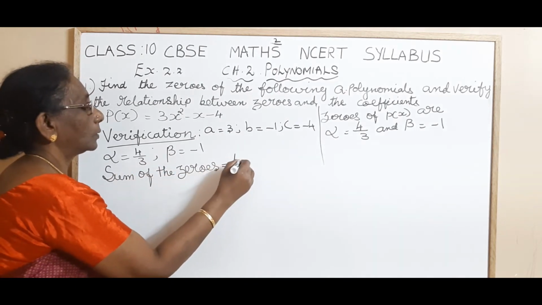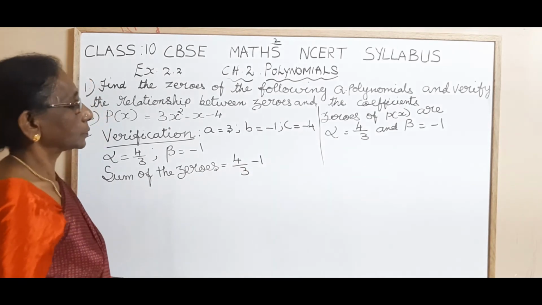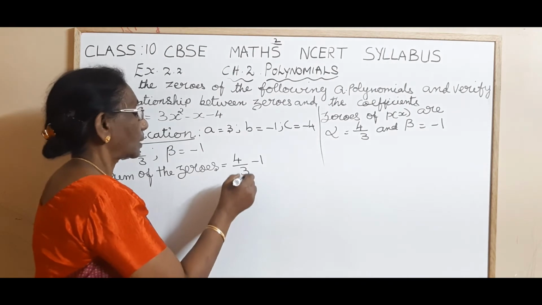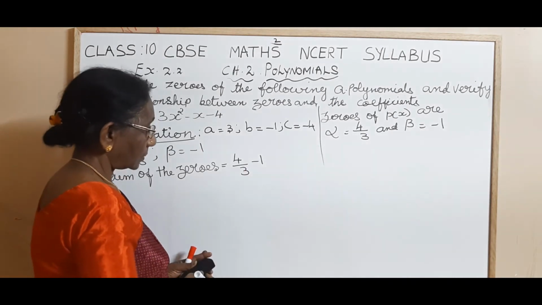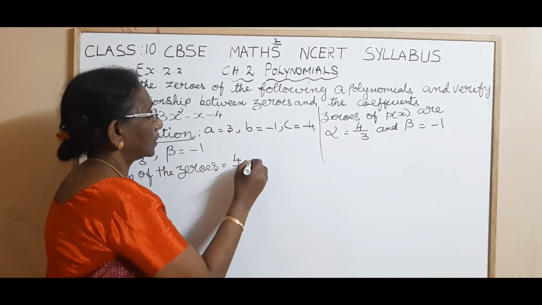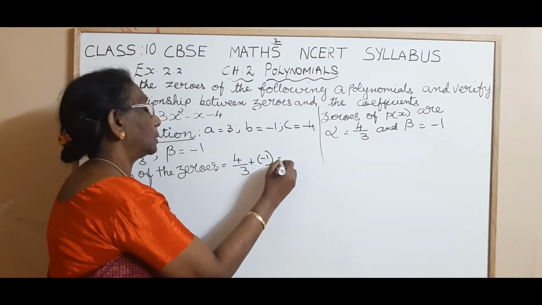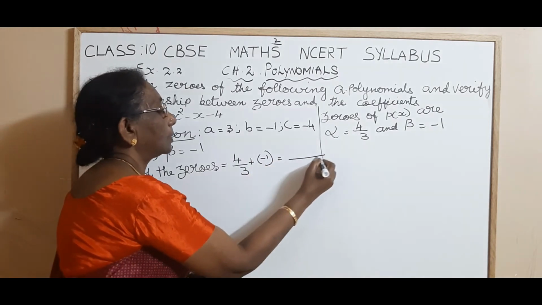Sum of the zeros is what? 4 by 3 plus of minus 1, that is equal to, the LCM is 3.